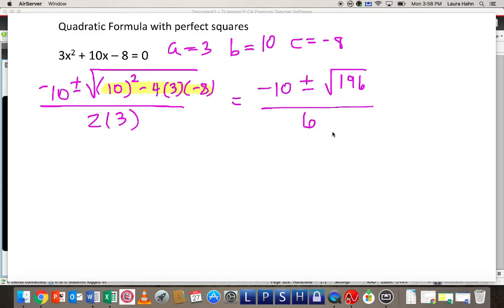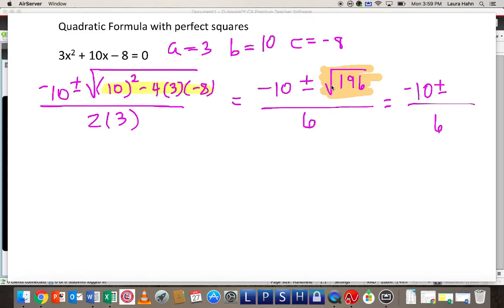All right, so now what I want to do is figure out, does the square root of 196 simplify into a whole number? Is it pretty, or is it a decimal? Okay, so what I'm going to do now is type this piece into the calculator because I want to see, does the square root of 196 give me a beautiful whole number? So now I'm going to write negative 10 plus or minus, and on the bottom I have my 6.